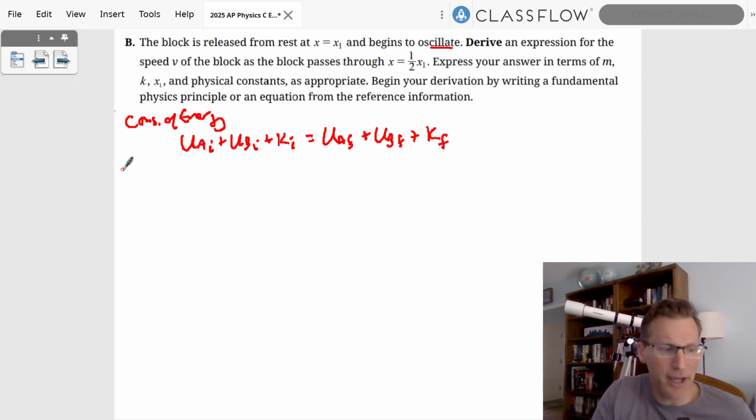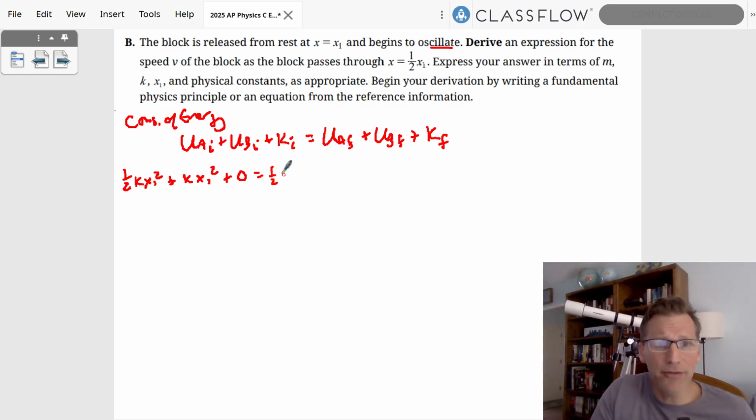So what's the potential of A? It's 1/2 k x1 squared. What's the potential of B? It's k x1 squared. What was the kinetic energy? It was 0 initially. Now we're taking a look at what's happening with A at this point, at x equal to 1/2 of x1.